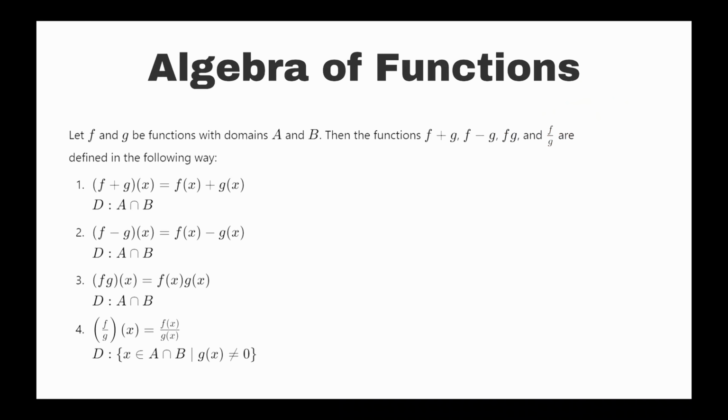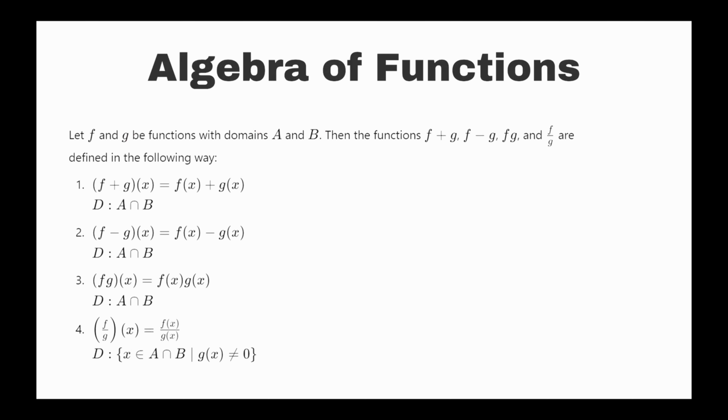Now talking a little bit about how, if you have been given multiple functions, you are going to define their domains. Let's say there are two functions f and g, f has domain A and g has domain B. If you are finding f plus g, then what would be the domain of this entire function?